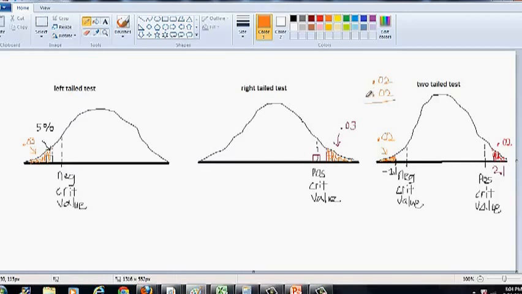So if I add these together, I get 0.04, which is my p-value.